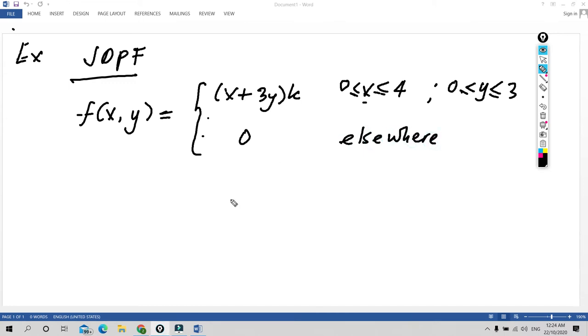I want to find the value of k. So what is the value of k here?